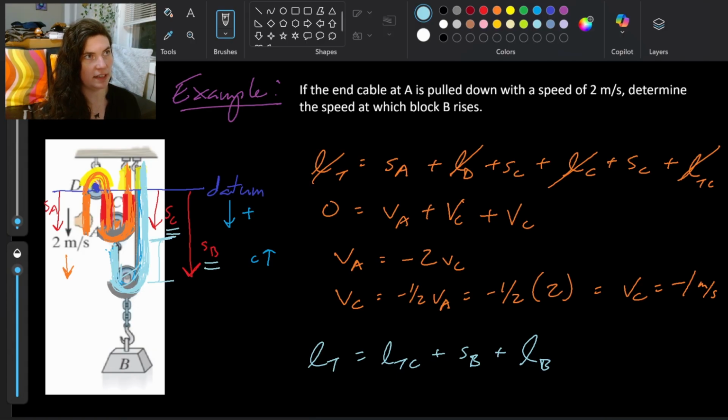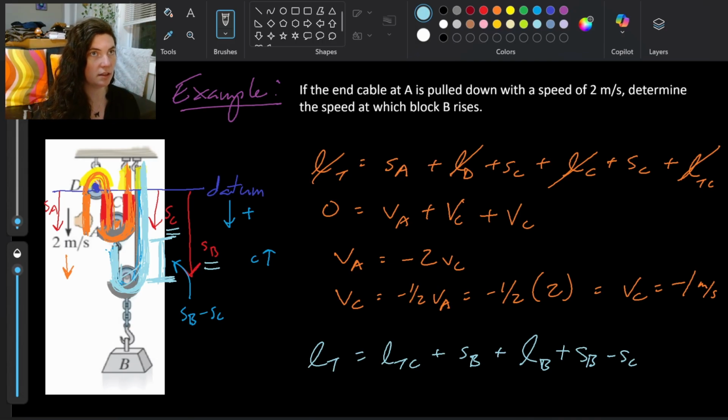Because if I want to find this distance, it's just SB minus SC. This right here is SB minus SC, and that's how I'm going to put it into this relationship. Plus SB minus SC. And that's all of the parts of the rope.